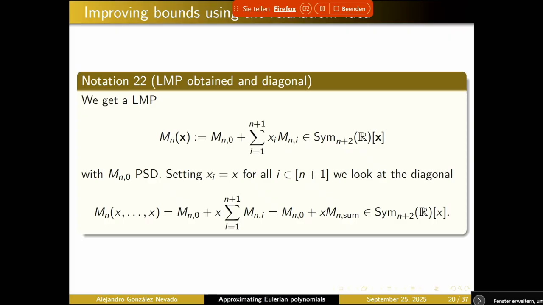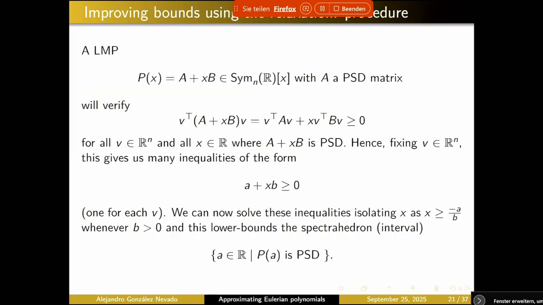But Eulerian polynomials are palindromic, so an outer approximation for the innermost root is an inner approximation for the outermost root. We are going to use this linear matrix inequality. And how do we obtain bounds using that?